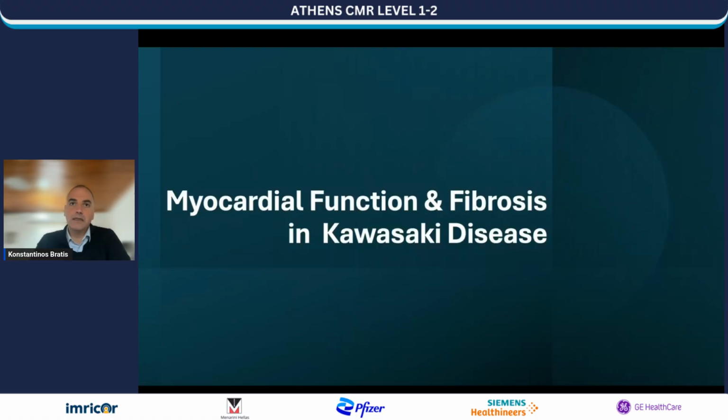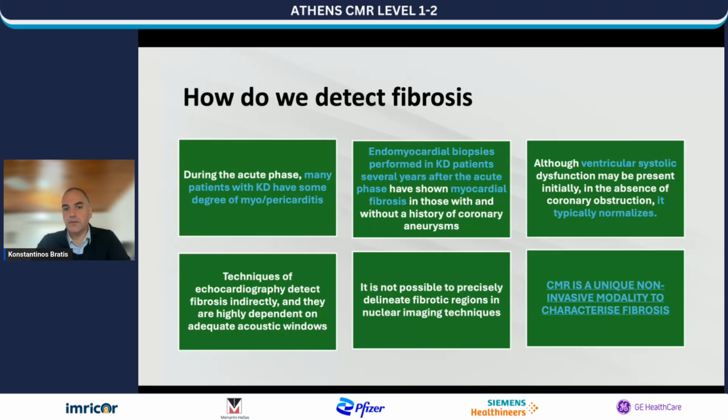So there is an interest to discuss beyond the coronary arteries, and I'll start doing that with the function and fibrosis, which in the majority of the cases are examined simultaneously in the studies. So it may be interesting to discuss both at the same time.